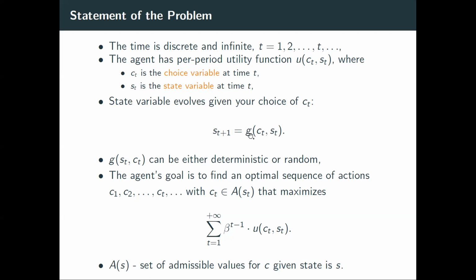So if at period t you chose some consumption C_t, and you were in state S_t, so you had some savings S_t and decided to spend C_t out of them, then it results in some savings S_{t+1} in period t+1. Here, as I wrote it, it's a deterministic relation: as arguments you have your savings for today and your consumption today, and as an output you receive your savings for tomorrow.